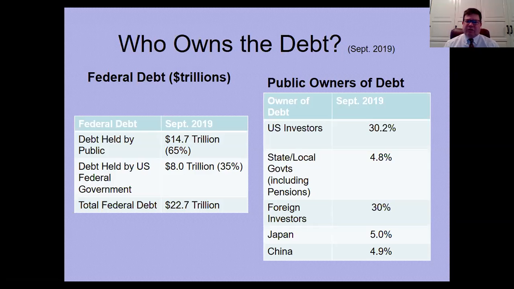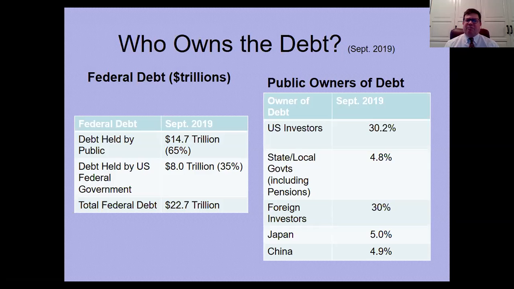And here's what's very interesting. $8 trillion was held by the US federal government. Right? So think about this for a second. 35% of all the federal debt is owned by the federal government. Let that sink in for a second. Again, it's like you saying, I'm going to borrow 1/3 of all my debt from myself.